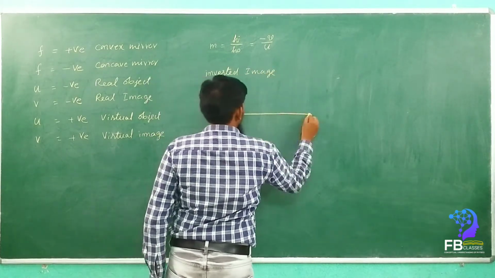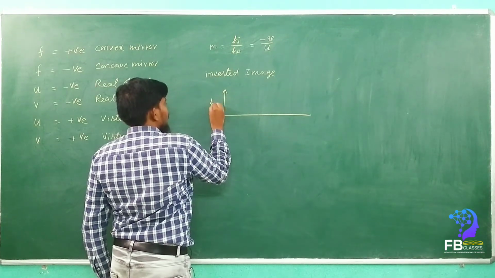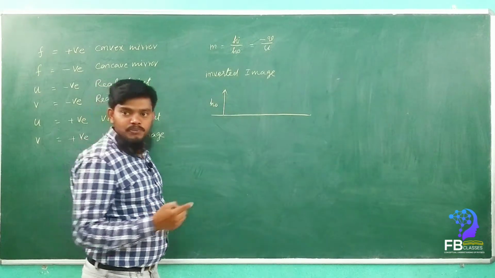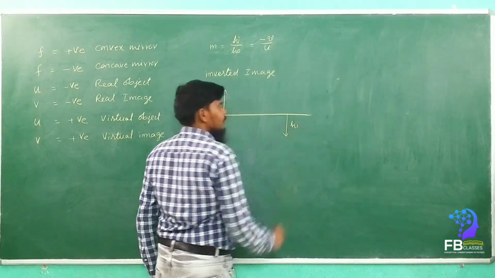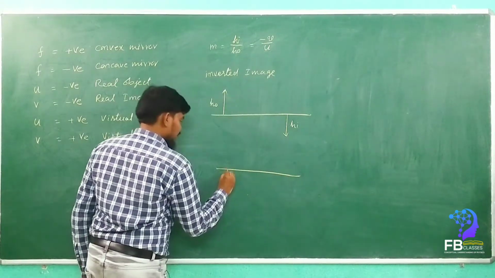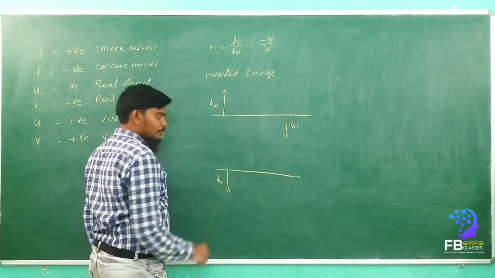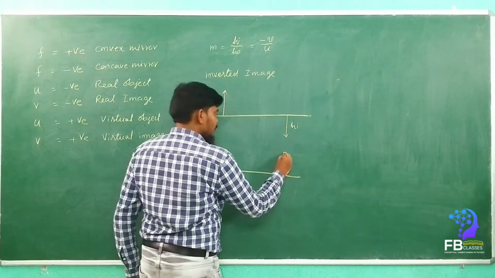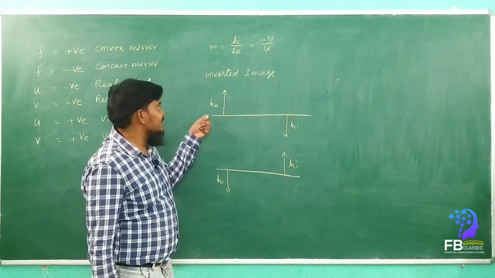Inverted means when the object is placed above the principal axis, then the image will form below the principal axis. In the same manner, if the object is placed below the principal axis, then the image will form above the principal axis. Are you getting my point? Then only we can call it inverted.